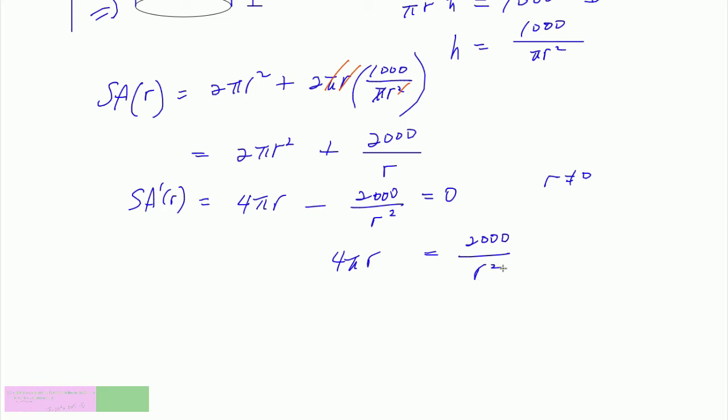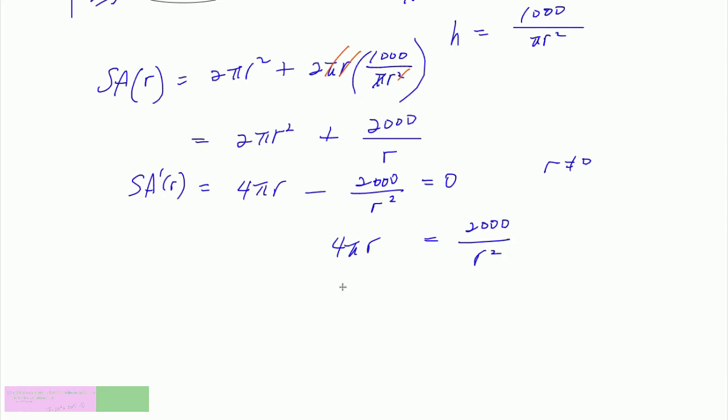So we can do that. Cross multiply and you get 4 pi r cubed. So pi r cubed is 2,000 divided by 4. So r will be the cubic root of 500 over pi.